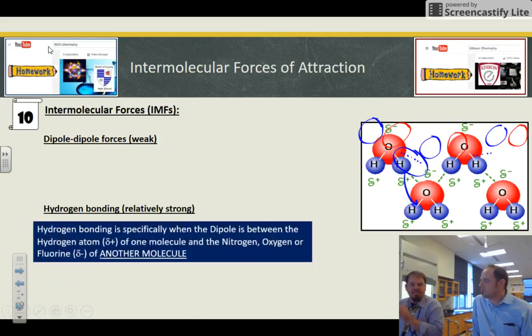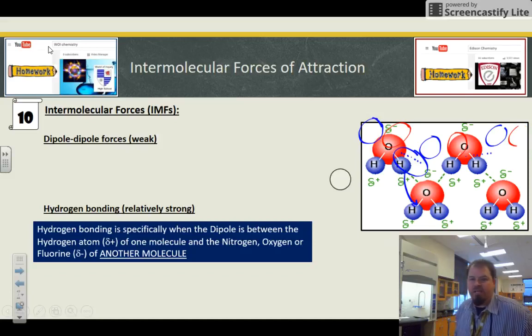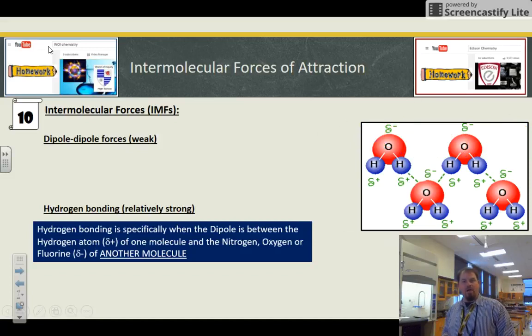Hydrogen bonding is this particular thing. This particular same thing, I would call it a dipole-dipole on steroids. So now it is the same dipole with a positive and negative end, but specifically now the H atom of one molecule is attracted to the nitrogen, oxygen, or fluorine of another molecule.